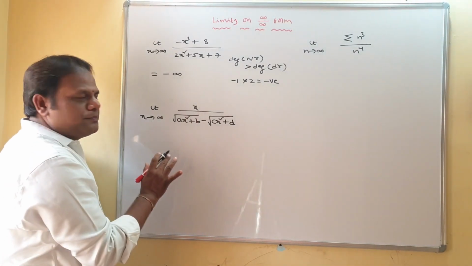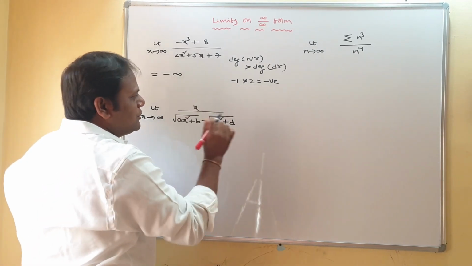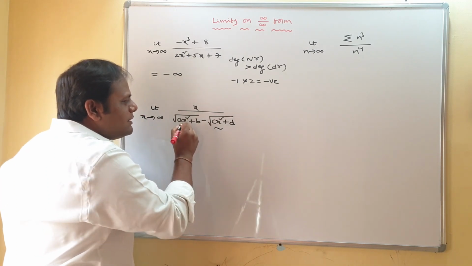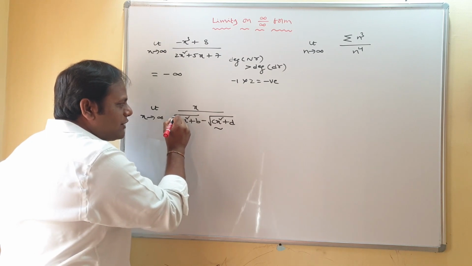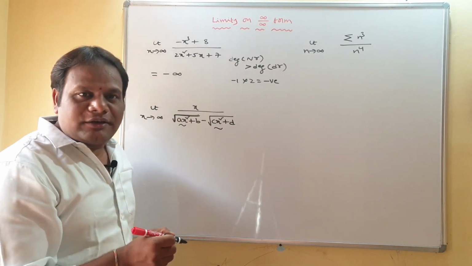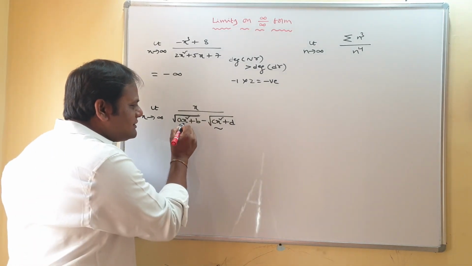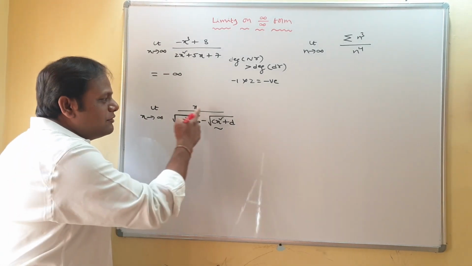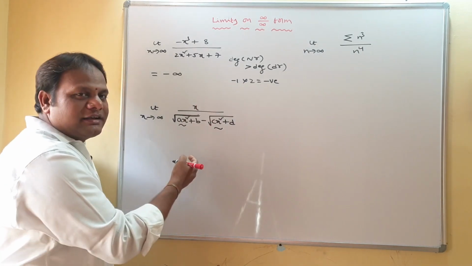Coming to this problem, what is the degree of the numerator? Yes, that is 1 only. What about the degree of the denominator? Here we have power 2, but we have a square root. So it is like square root of x square, that is x. So we treat this as degree 1 only, because here we have a square root function. So both the degrees are the same.